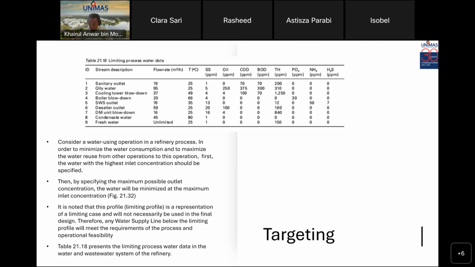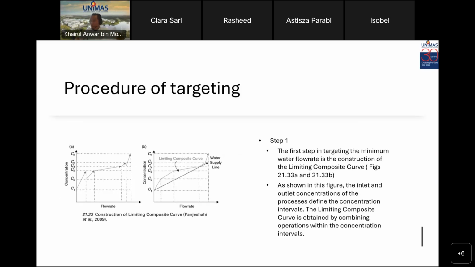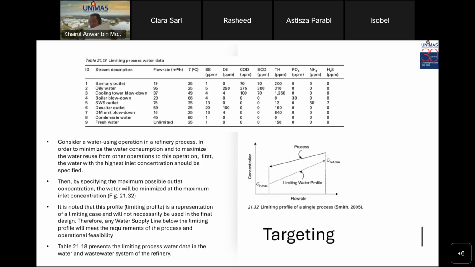So figure 21.32, let me see. Yeah, that one. This profile, the limiting water profile, is a representation of a limiting case that will not necessarily be used in the final design.